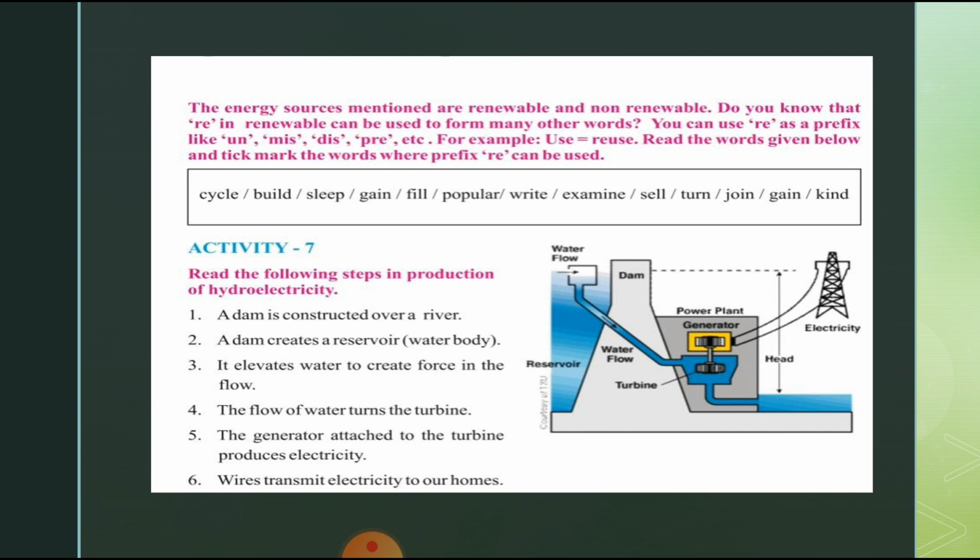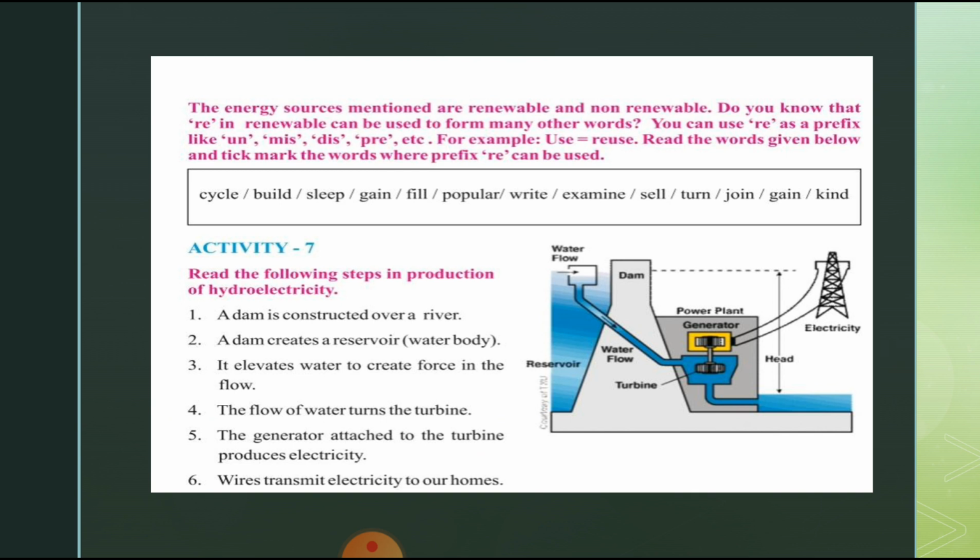The energy sources mentioned are renewable and non-renewable. Do you know that re in renewable can be used to form many other words? You can use re as a prefix, like un, mis, dis, pre, etc. For example, use, reuse.